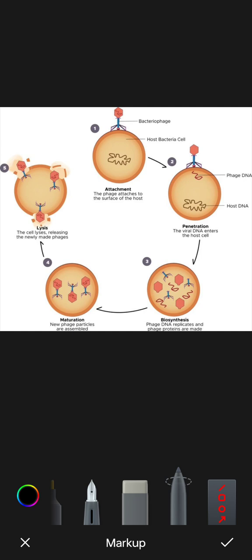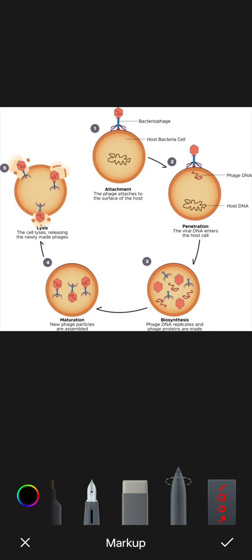Slave means गुलाम and master means the head, जो पूरी machinery. Why is bacteriophage called master? Because when it penetrates into the host cell, it degrades the bacterial genome and takes control of the metabolic machinery of the cell. So because of this, we call the bacteriophage master and the bacteria slave.